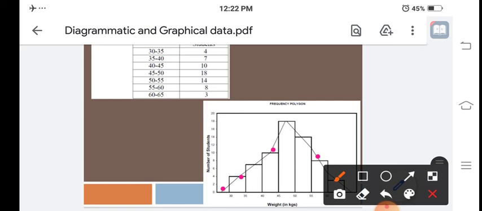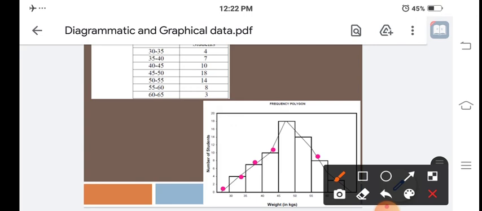The next class is 35 to 40, with seven students. 35 plus 40 is 75, and 75 divided by 2 is 37.5, so plot the point at 37.5. Then just join the points with lines and you will get the polygon graph, called the frequency polygon diagram.